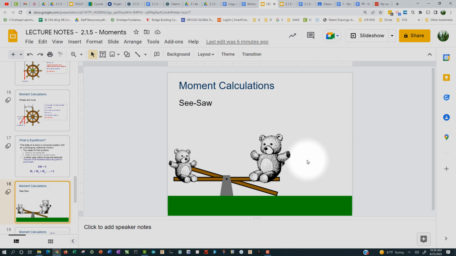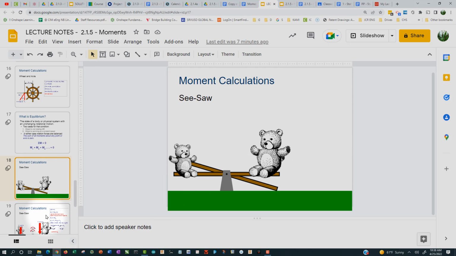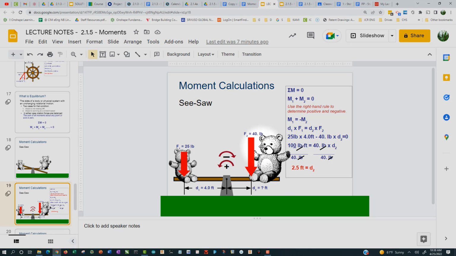Okay, quick example. This is a seesaw. These little teddy bears are here. This dude looks a little bigger. And so if we go to the next one, we see that this teddy bear weighs 40 pounds. This teddy bear is some distance away from the pivot. This teddy bear is a baby teddy bear, and he's 25 pounds, but he's 4 feet away.